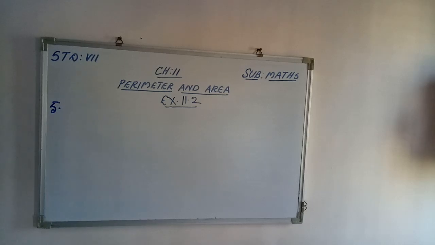QM is the height from Q to SR and QN is the height from Q to PS. If SR is equal to 12 cm and QM is equal to 7.6 cm, find the area of the parallelogram PQRS. Then second question, find QN if PS is equal to 8 cm.